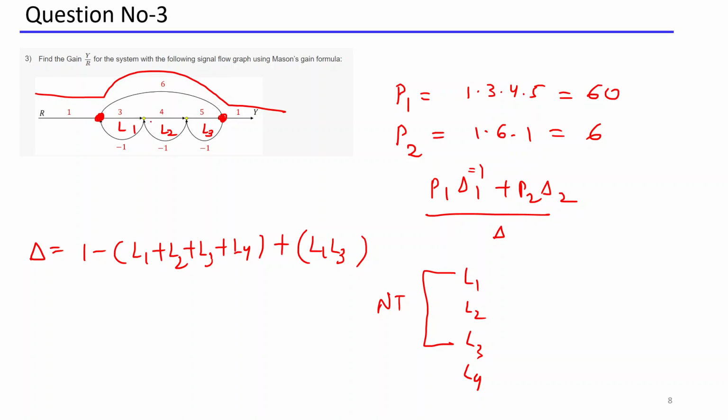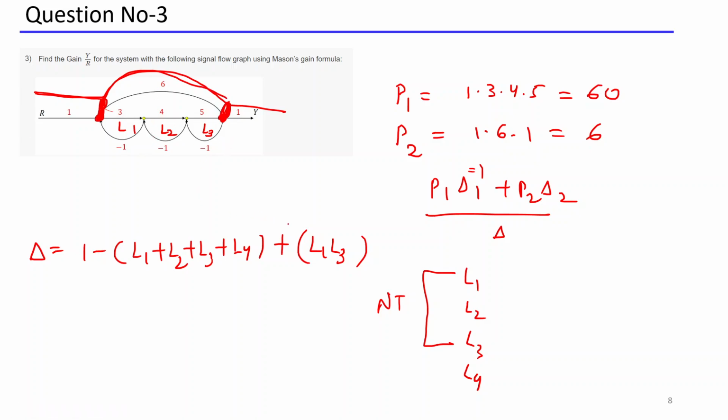But you can clearly see that L2 is not touching the second forward path, right? You understand now? So the forward path is going above, but L2 is not touching it anywhere.